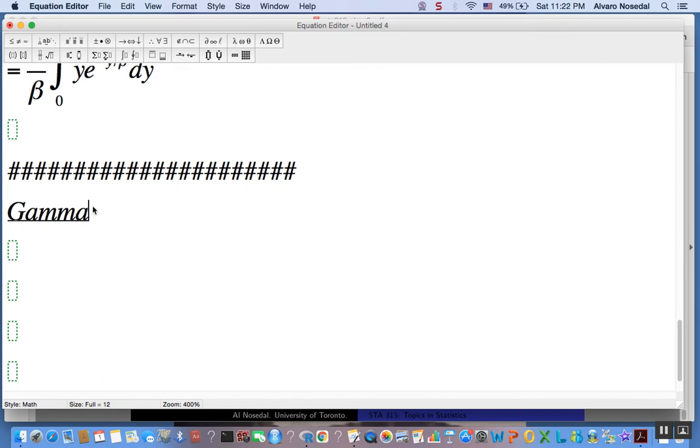We know that the gamma has two parameters, alpha and beta. Let me remind you about the expression of the PDF of a gamma with those parameters. Let me use y for that variable.